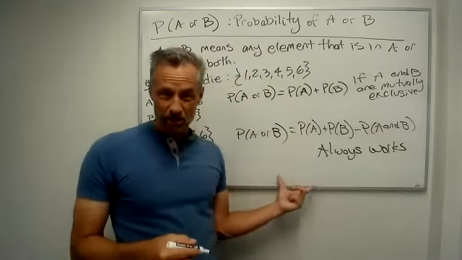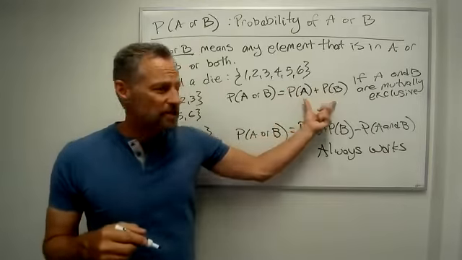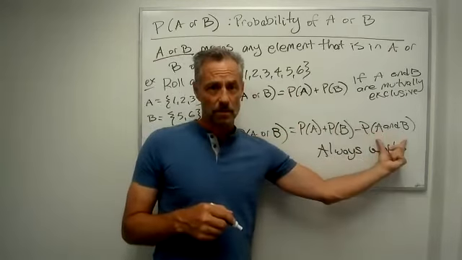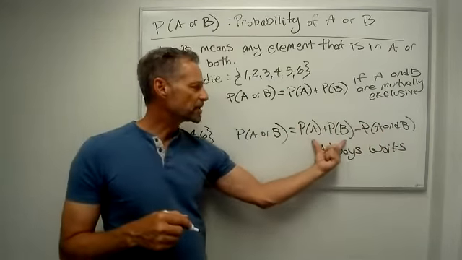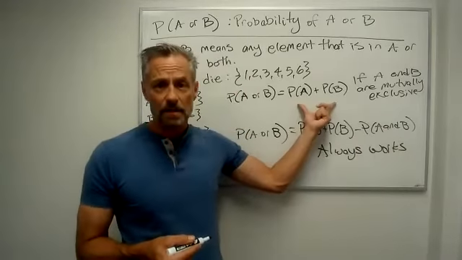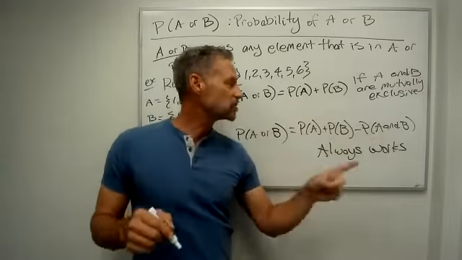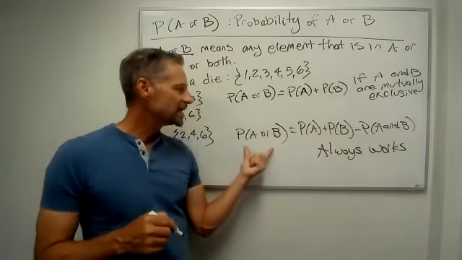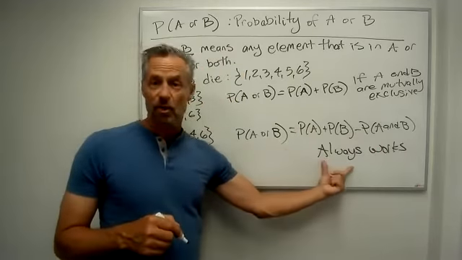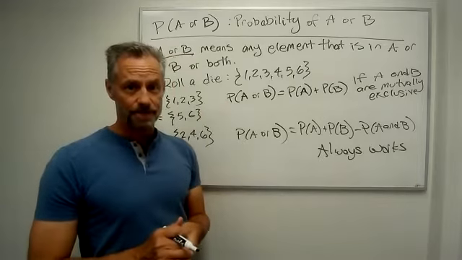They call this the general addition rule, and it always works because even if A and B are mutually exclusive, this is a 0. So you'd still have the probability of A plus the probability of B minus 0. Oh yeah, that's this formula. But if you have an overlap, if they're not mutually exclusive, you have to use this second one. That's why we say it always works. It's the general addition rule. This would be called the special addition rule.